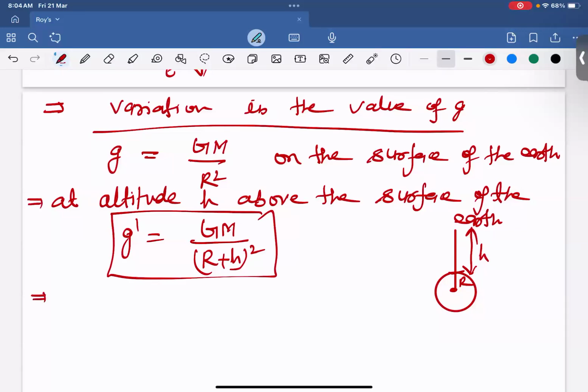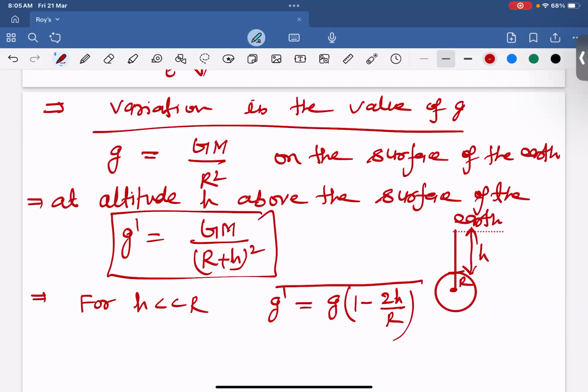If height is not that much, for height less than R, then you can also directly use g dash is equal to g into 1 minus 2h by R. But this formula is for smaller height only.